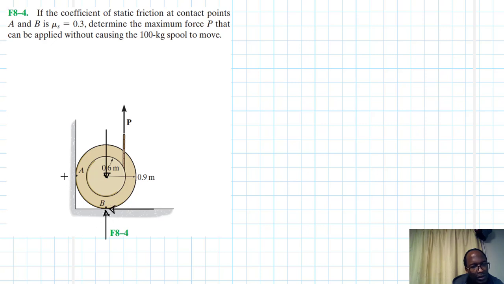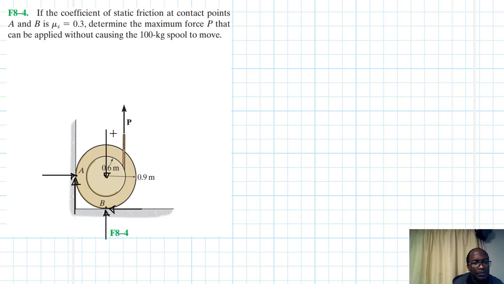Here we're going to have a normal force, and then we'll have our friction like so. So basically, this is about it.